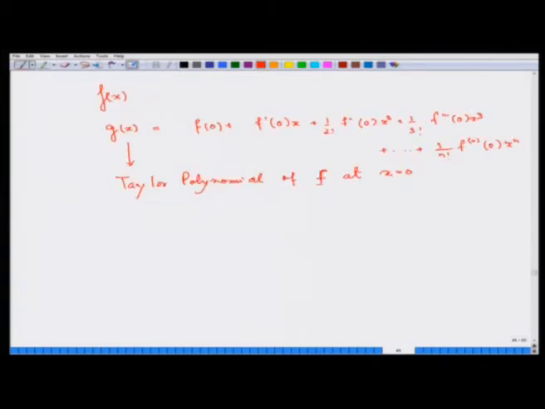Now, if you want to talk about a Taylor polynomial at some alpha, then you have to write g x is equal to f alpha, so at x equal to alpha, plus f dash alpha into x minus alpha, the same thing, plus 1 by 2 factorial f double dash alpha x minus alpha whole square, up to 1 by n factorial f n alpha x minus alpha to the power n.